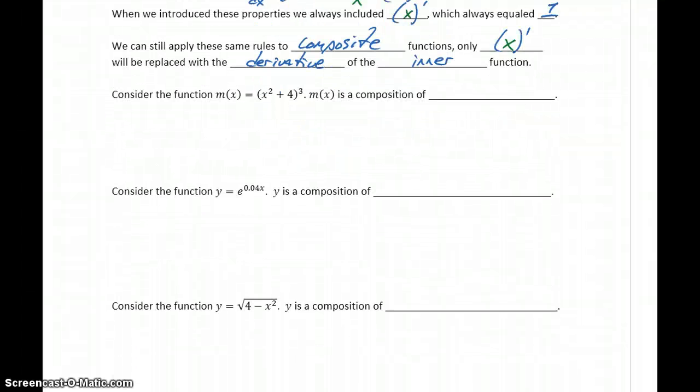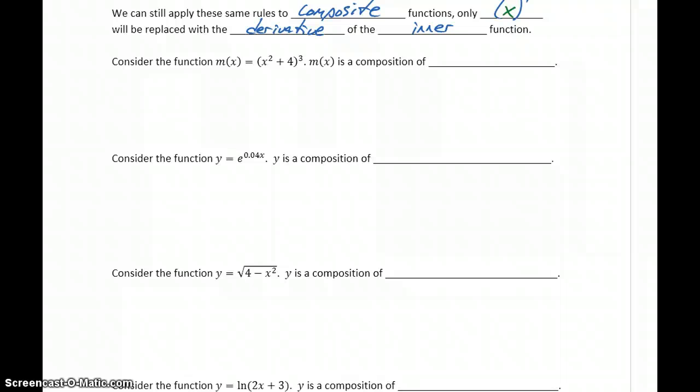So let's take a look at those 3 examples we introduced on the first page. We have the function x squared plus 4, that quantity being raised to the 3rd power. So we already established this is composed of u cubed and x squared plus 4.